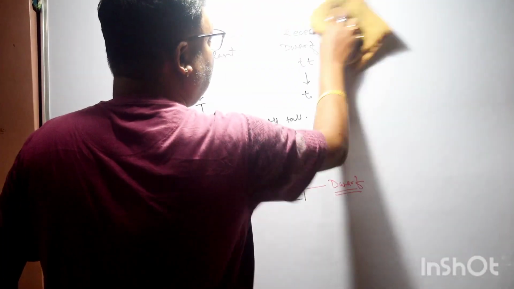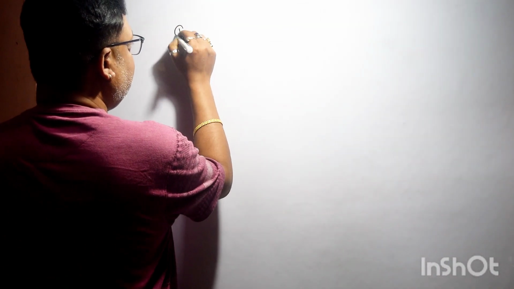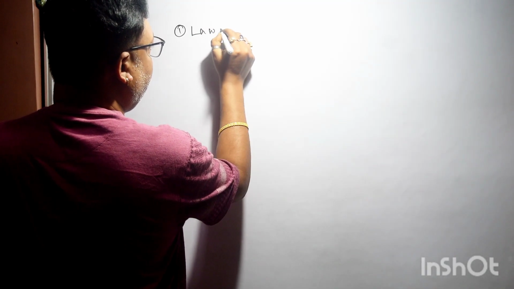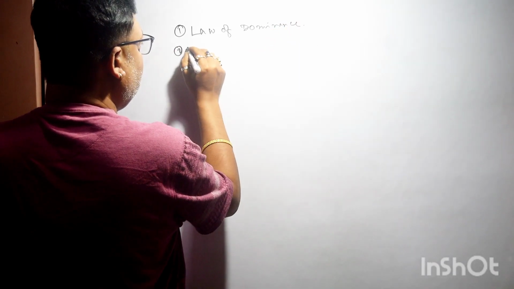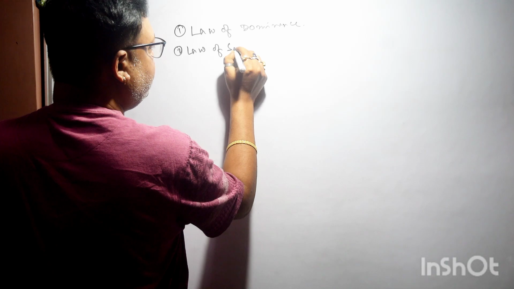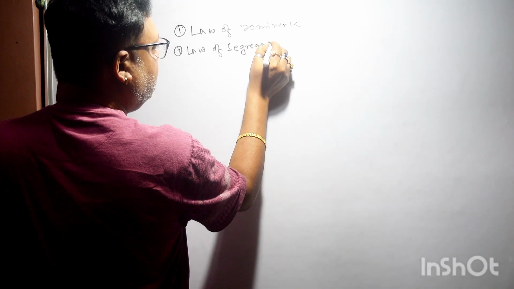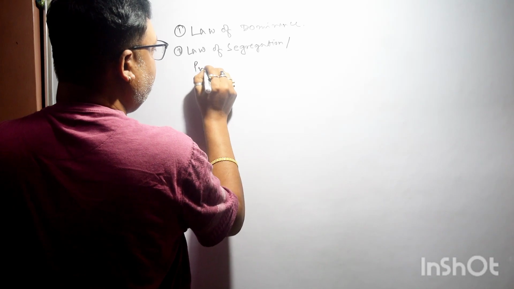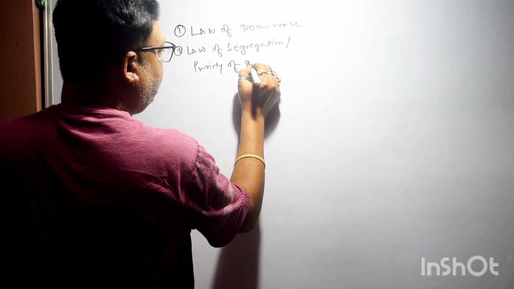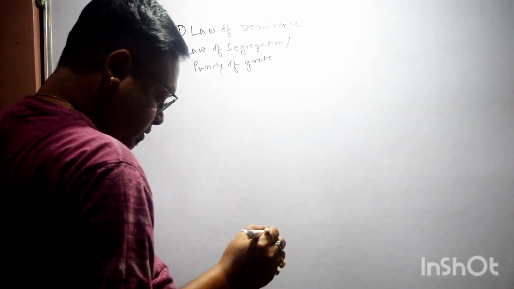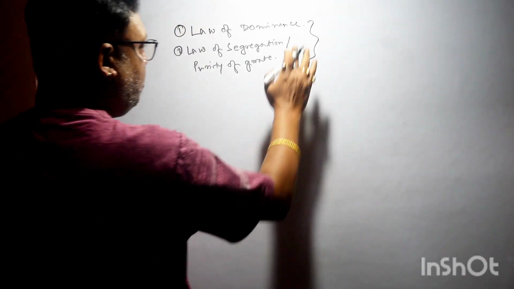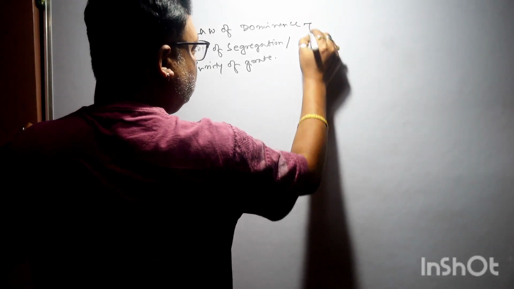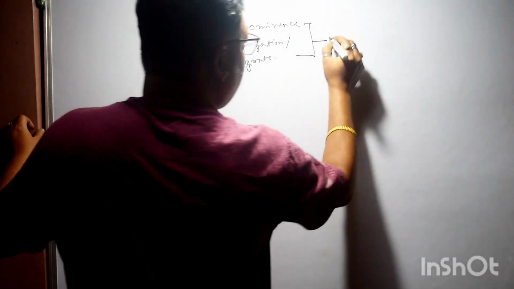Now the question comes. Okay, now we have today seen the law of dominance and law of segregation or purity of gamete, and we have also seen that both of these two laws can be explained with one cross, that is monohybrid cross.